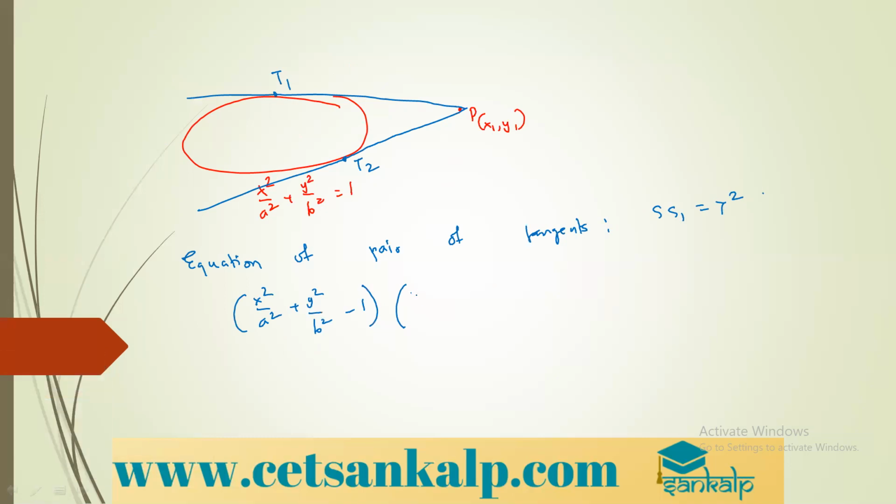So S1 here, in this context, I have to write either S11, or if I write S1, I have to change the form. So I will write SS11, that is x1²/a² + y1²/b² − 1, equal to T², and this T is nothing but S1.